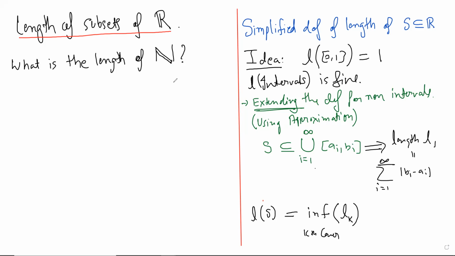Okay, so try to understand that this length is relative to the reals. When you say as a subset of R, it means that it's relative to the real numbers. So relative to the real line, what is the size of the natural numbers?